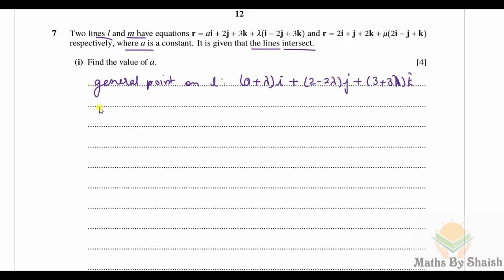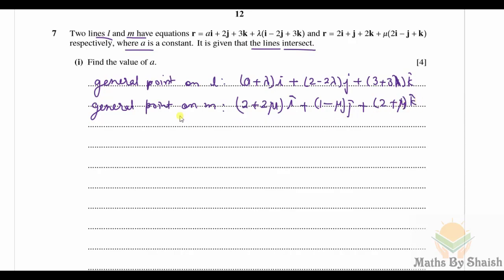And same thing, the general point on M is going to be 2 plus 2 mu i cap plus 1 minus mu j cap and 2 plus mu k cap.